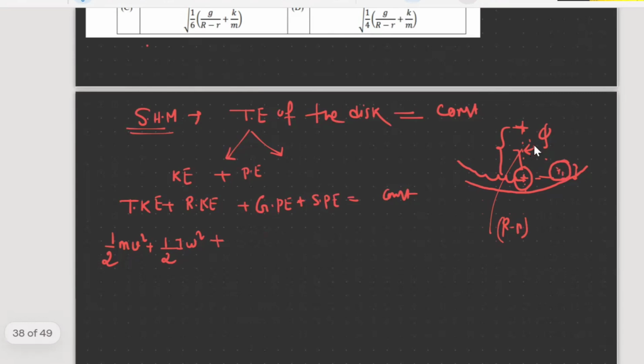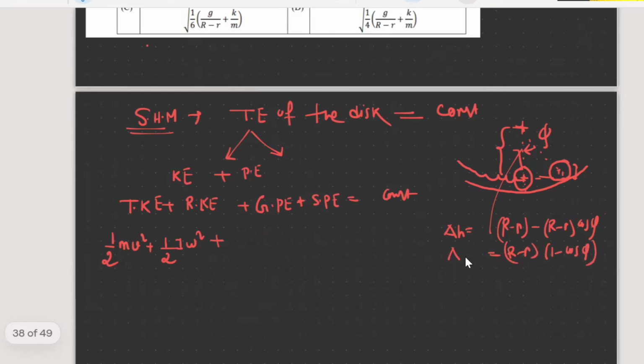And after it's displaced by phi angle, this distance is going to be capital R minus small r cos phi. So the vertical distance is capital R minus r minus (capital R minus r) cos phi, so it is going to be (capital R minus r)(1 minus cos phi).